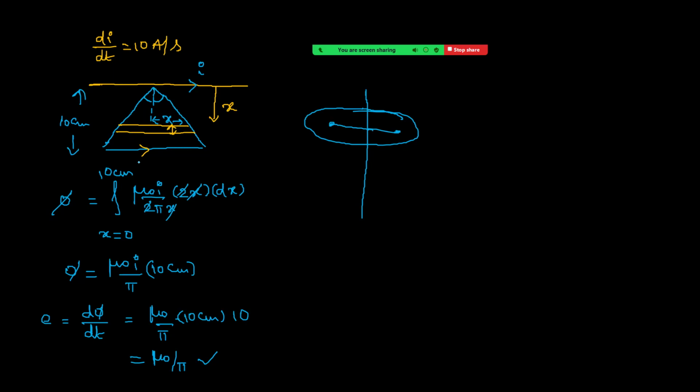But here EMF is induced because of the increase in flux, therefore it tries to decrease it. To decrease it, the only possibility is that this loop has to repel this wire. Then the strength of the field can decrease. That's why it must be repulsion. I hope you got clarity.